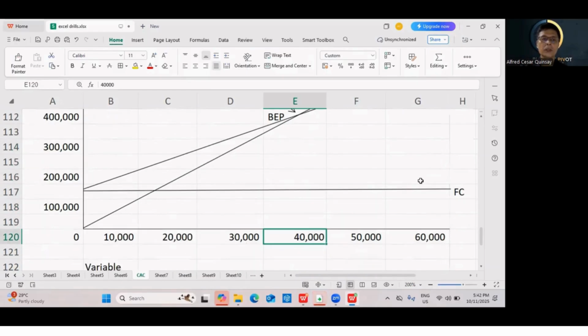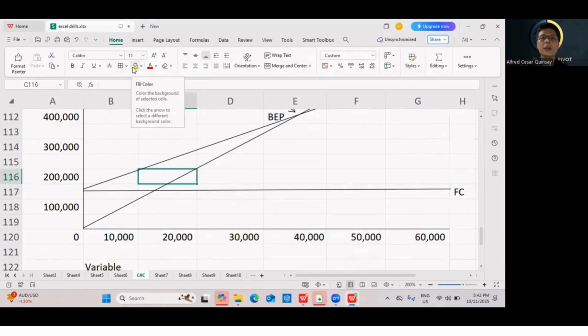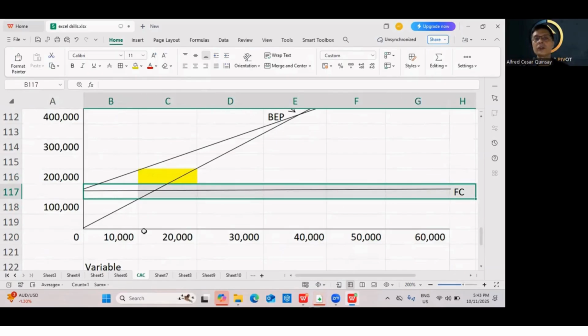So, for example, if they were able to produce 20,000 units, just look at the graph. That's about 200,000 total cost. Whereas fixed cost, as you can see here, remains constant.